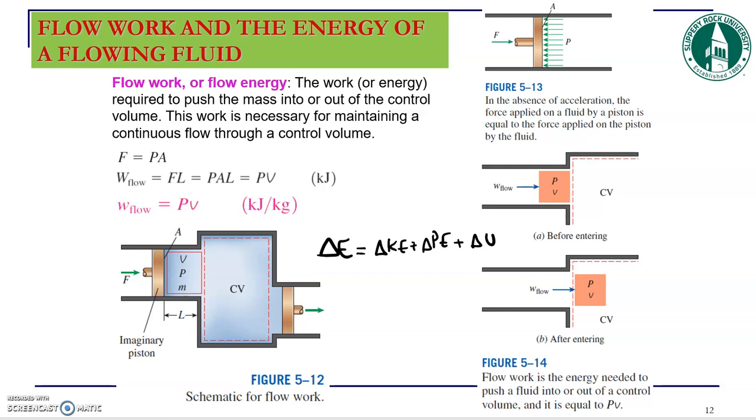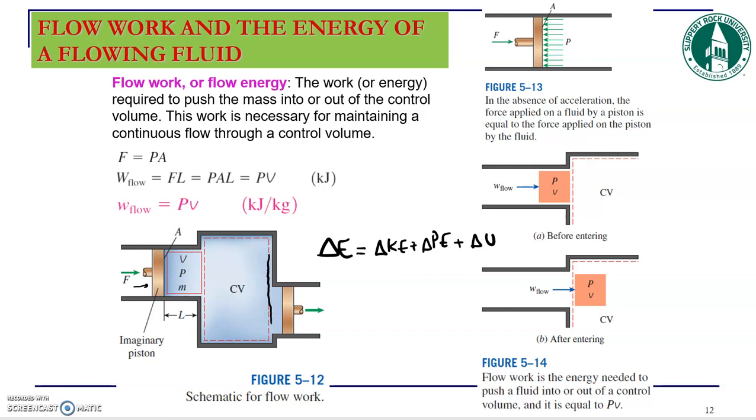And it's defined basically by the force. So if you assume that there is a piston pushing a volume of fluid into our control volume, which is shown here in this figure 5-12, a piston is pushing the fluid inside, and this fluid has a volume of V, it's at pressure P, and it has a mass m, and it's basically entering the control volume.